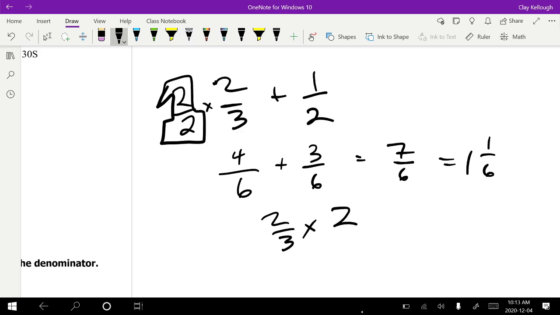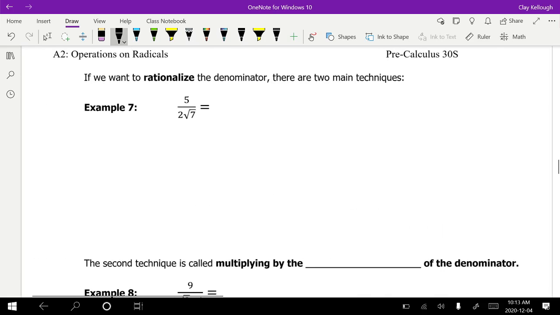It is the best tool in your toolbox because it allows you to change anything into any form you might want it to, as long as you only multiply or divide by 1. Because timesing or dividing by 1 doesn't change what the number is. So that's what I'm doing over here. I'm going to take this thing and I'm going to multiply it by 1. But here's what my 1 looks like.